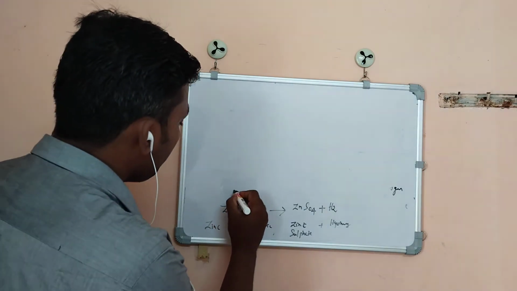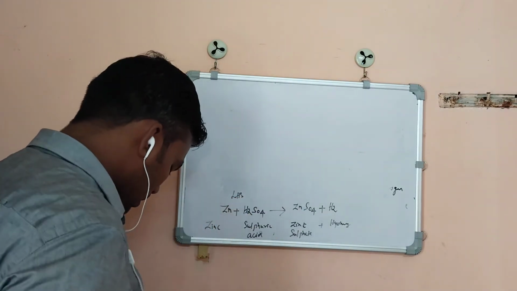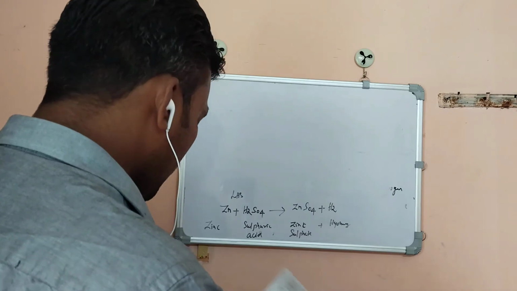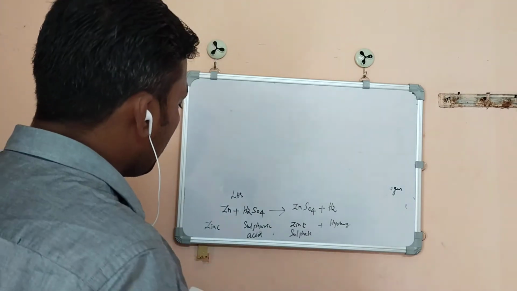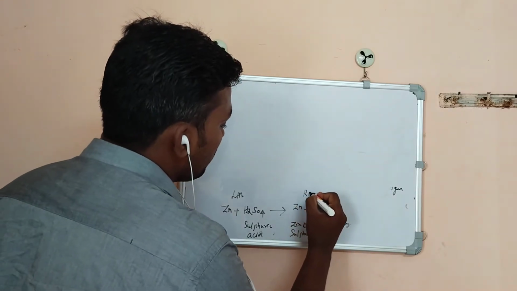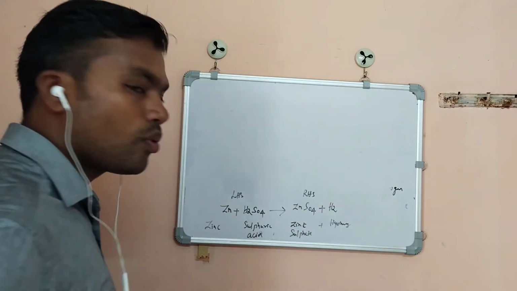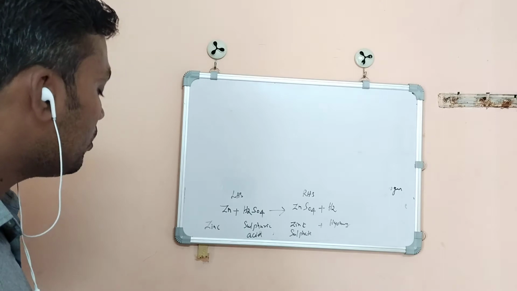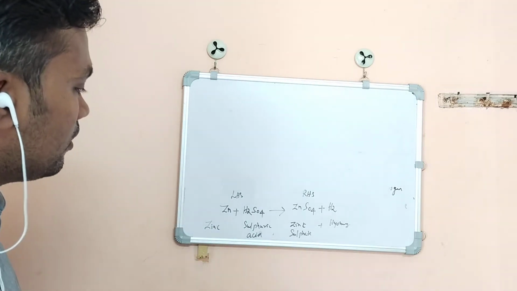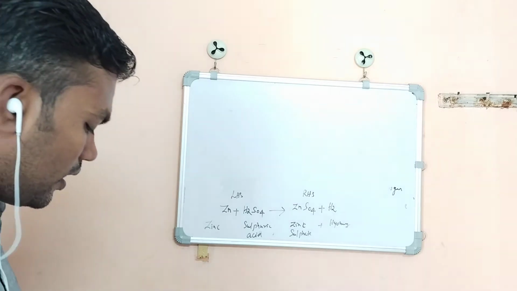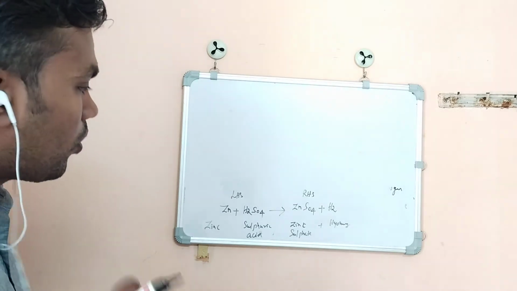This is LHS, that means the reactant side. This is RHS, that means the product side. Now you can count the number of atoms present in the reactant side as well as the product side.